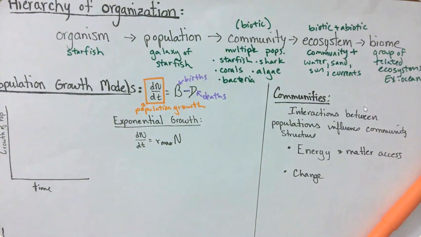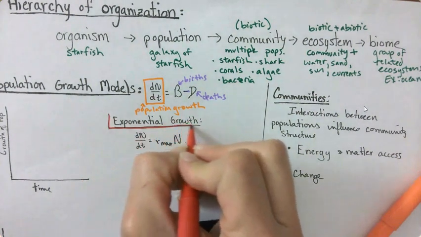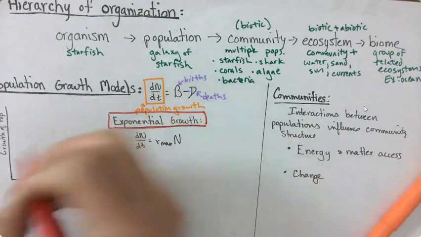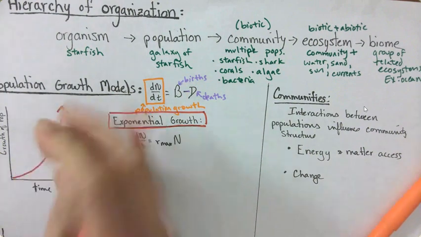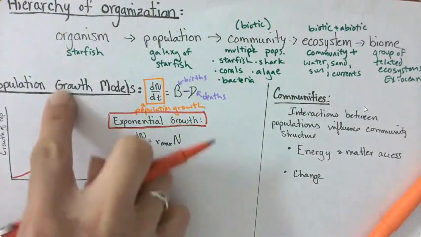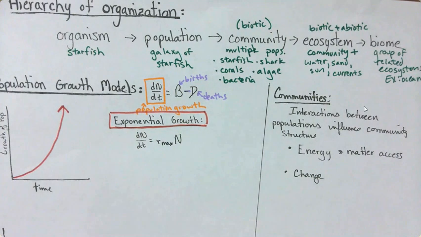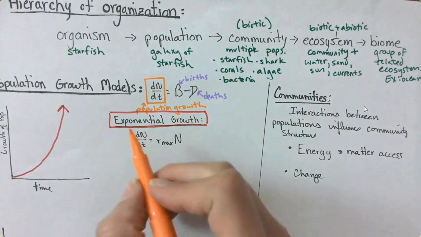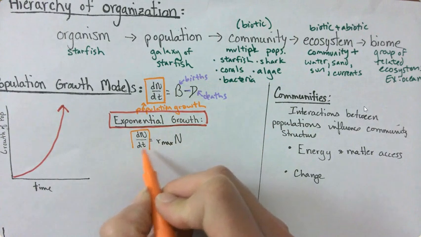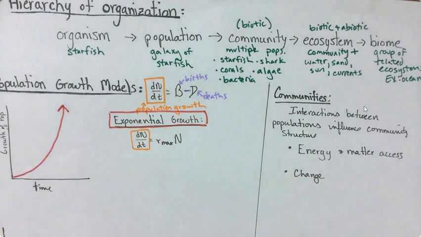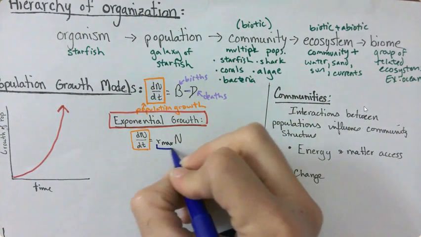In an exponential growth model, you have uncontrolled growth like this. So over time, there's just rapid growth in this population. And the equation used to calculate exponential growth would again be dN over dt, which is population growth, equals R max, and R max stands for the growth rate.